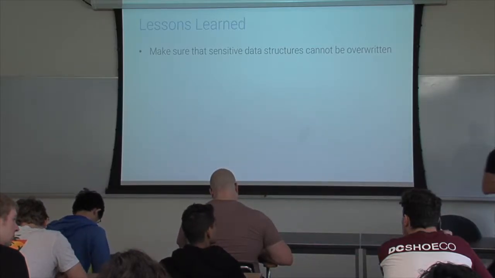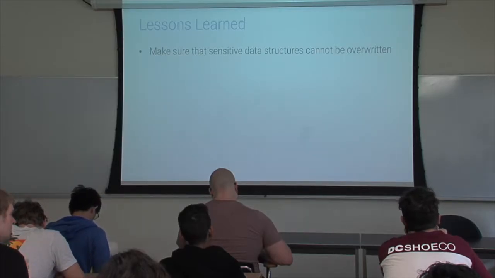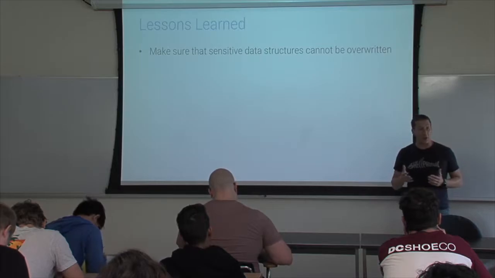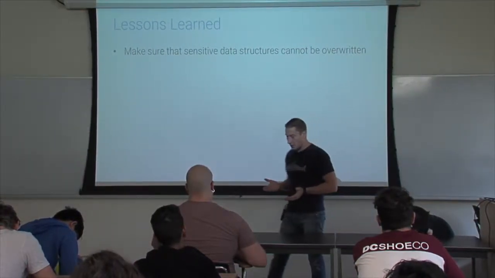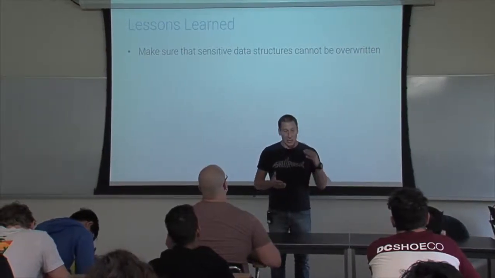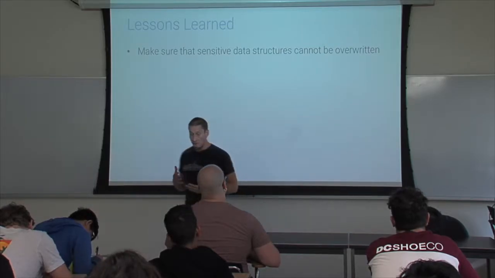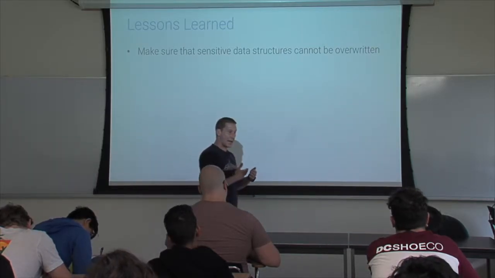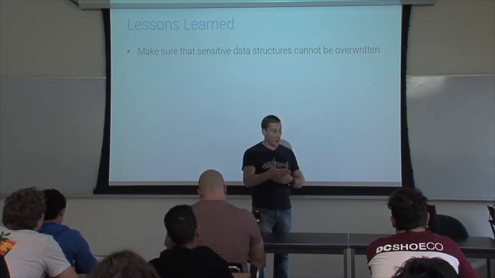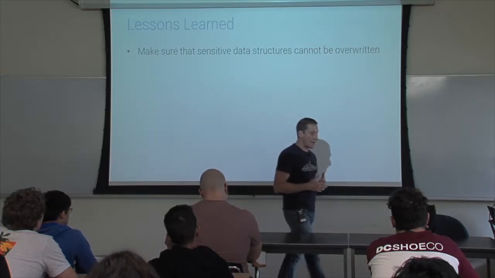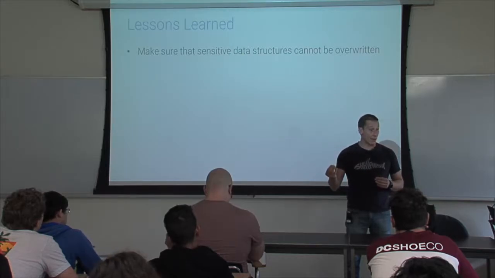Yes? So how do I make sure that it's not overwritten? Well, you look carefully at your code and you try to identify situations in which it cannot be overridden. From an automation point of view, there are several countermeasures. For example, things that reorder the stack parameters and data structures to prevent this type of overflowing. But in general, unless you have, for example, a system that verifies the integrity of a data structure.